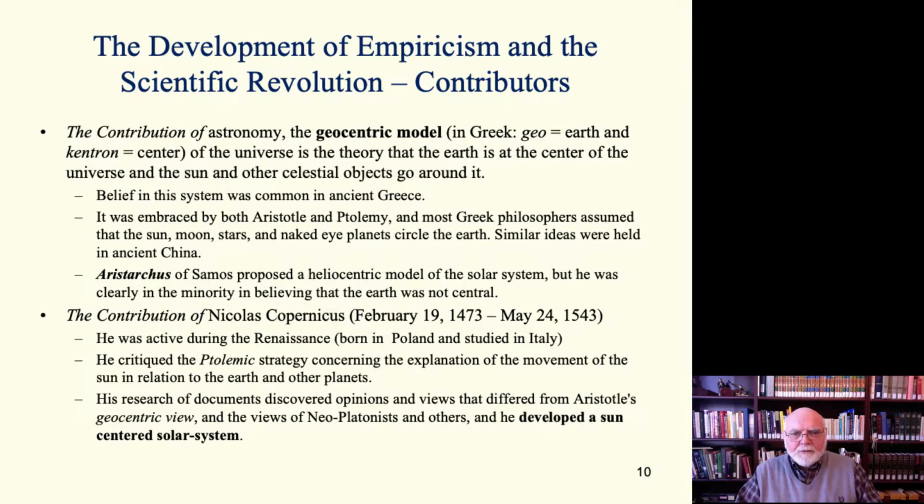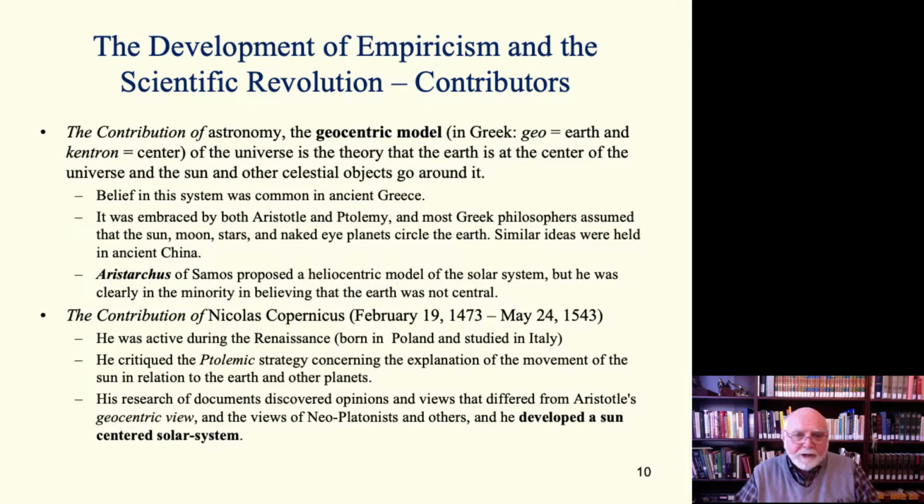Astronomy has made an important contribution. The Greeks began with this geocentric model, which was the basis of their thinking. That model had a theory of the universe which placed the Earth at the centre and everything revolving around it.